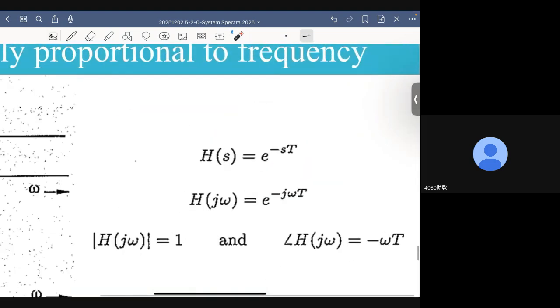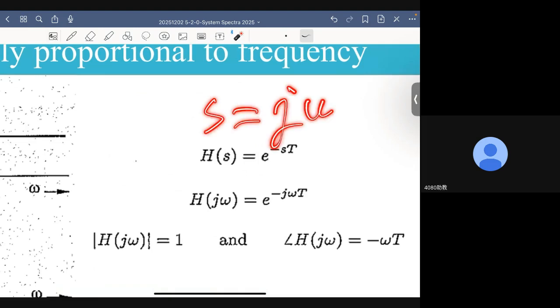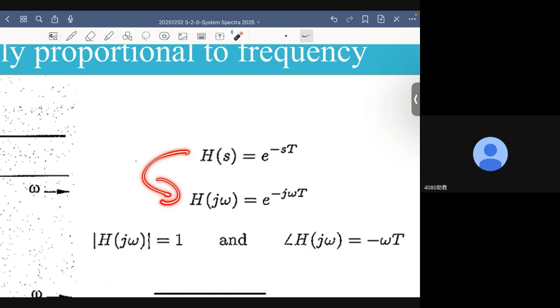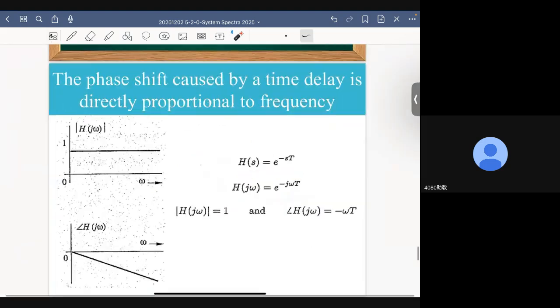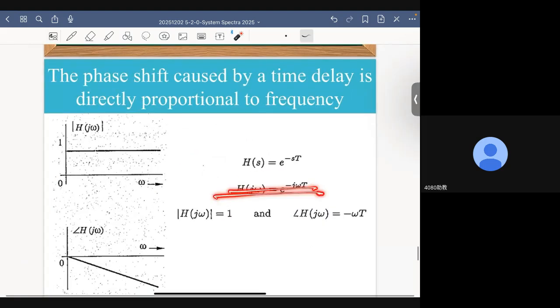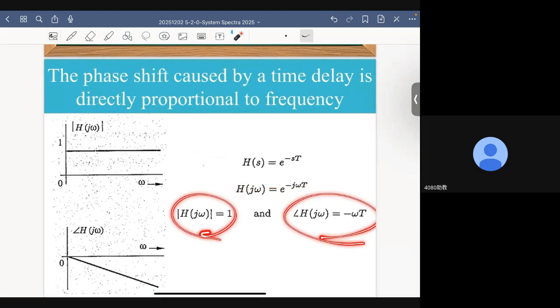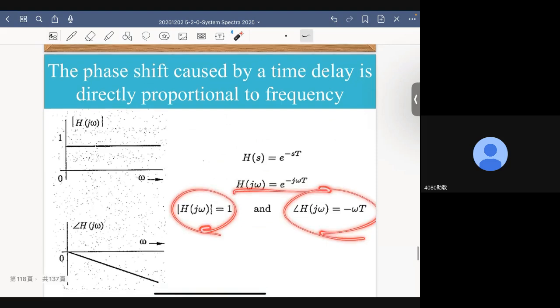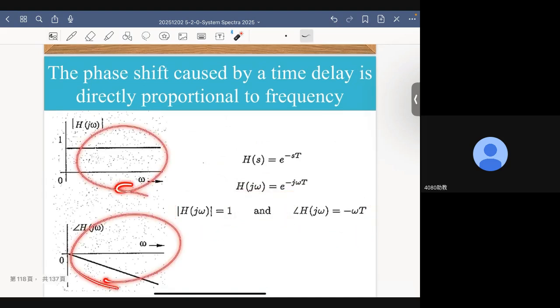And if I replace s by j omega, to transform my representation to the frequency domain, this is what we'll have. And the magnitude and the angle of this transfer function are given here.